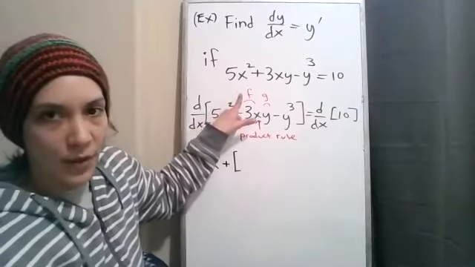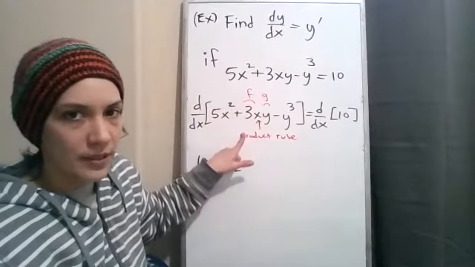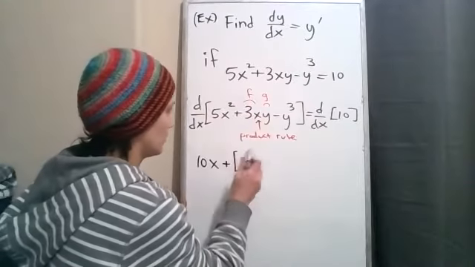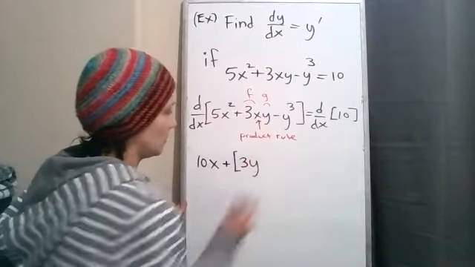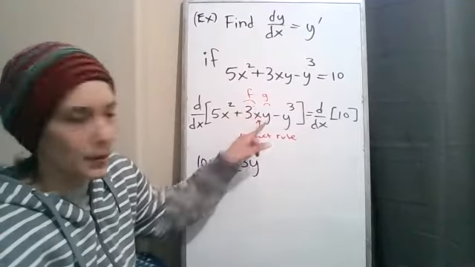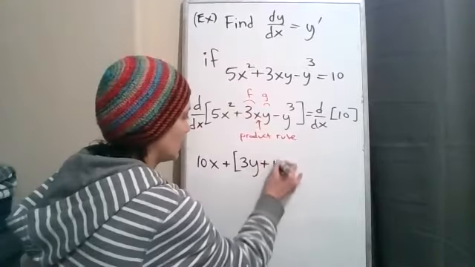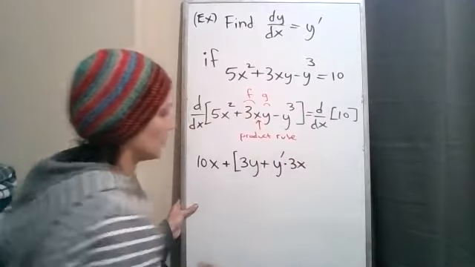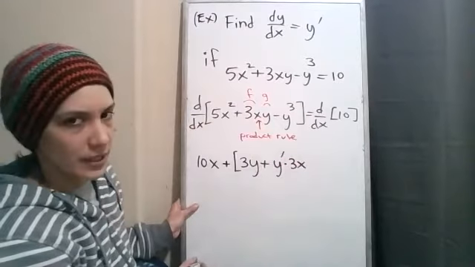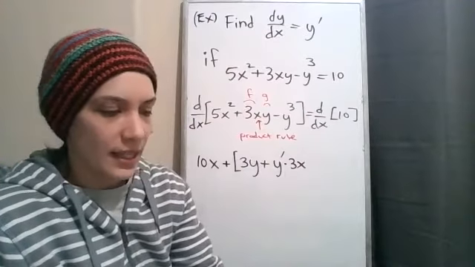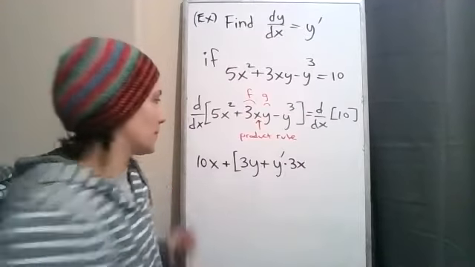So it'll be f prime times g. Derivative of 3x is going to give you 3 times the function, plus g prime times f. So add this times 3x. Let me make sure I did that correctly. This plus that was our product rule.